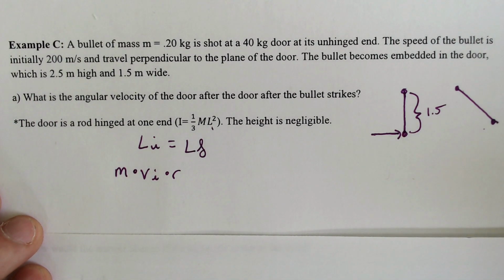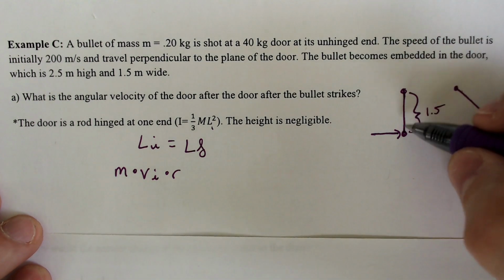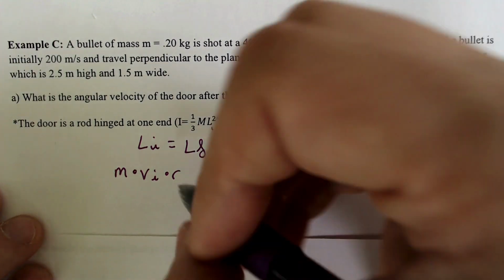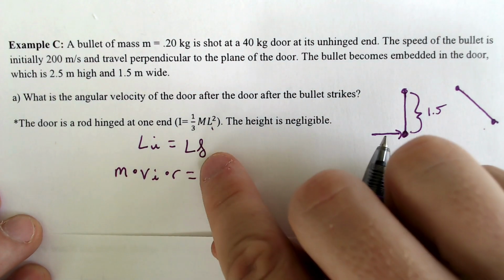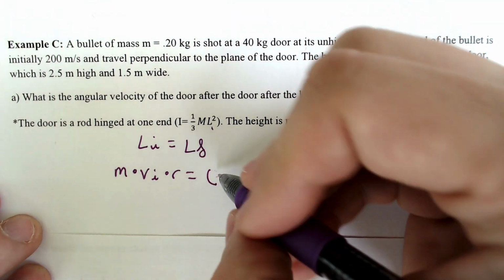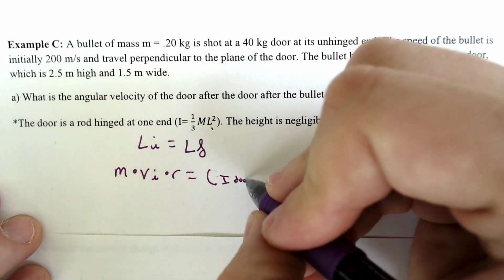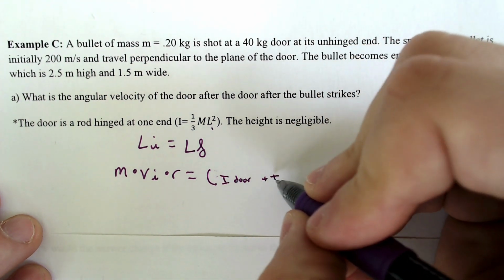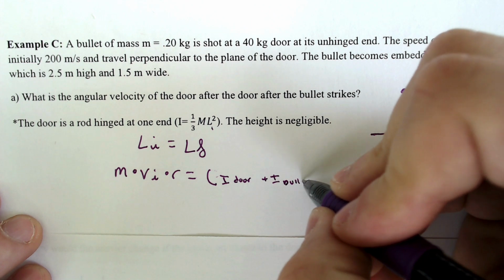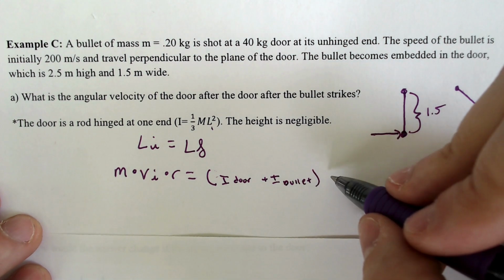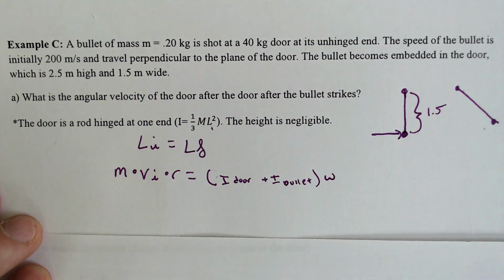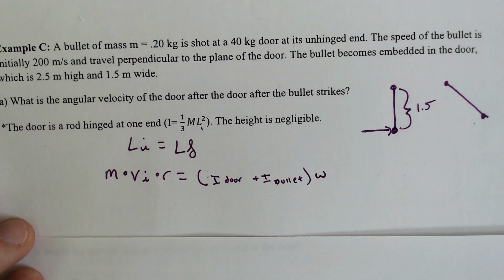It is embedded, so we're assuming it's going to hit at the very edge, okay? That would have to equal the final. The final will be the I of the door and the bullet, because it is embedded, times the angular velocity, which is what we are looking for.